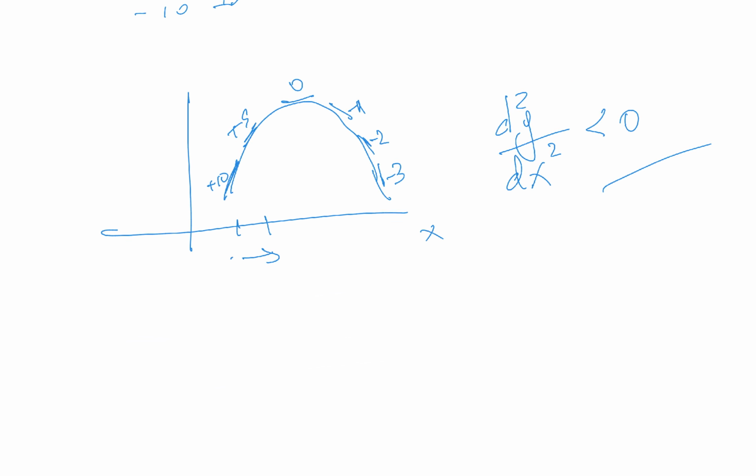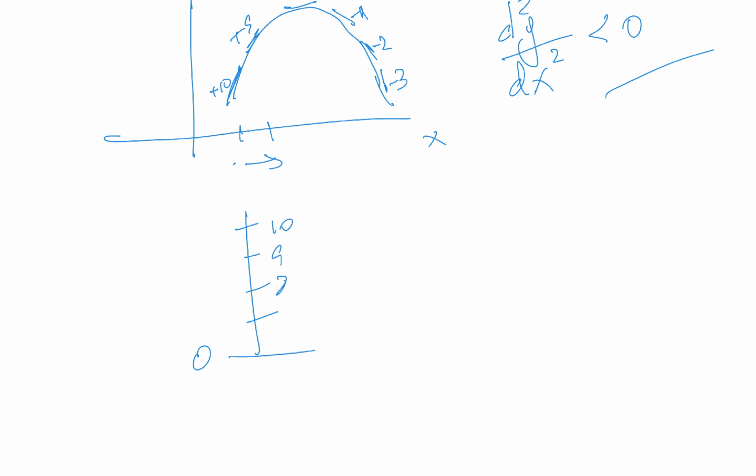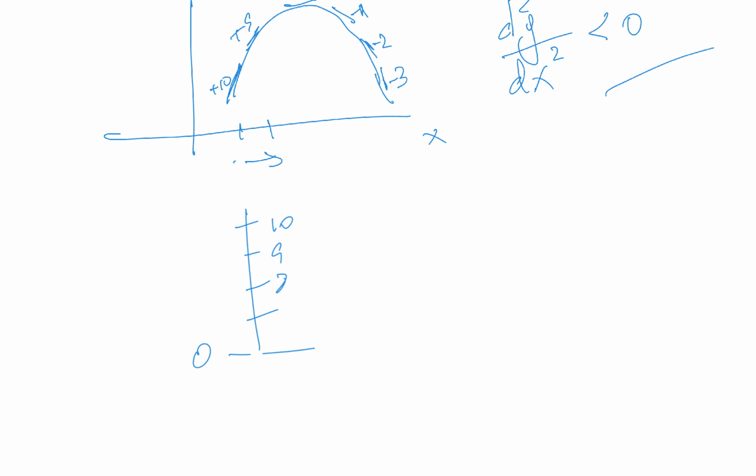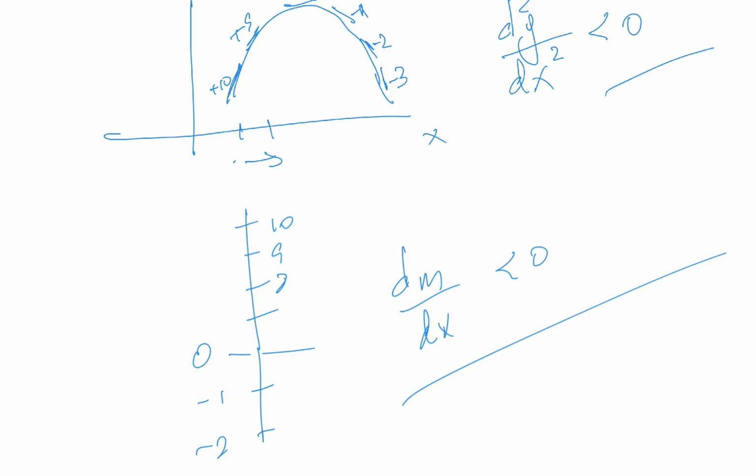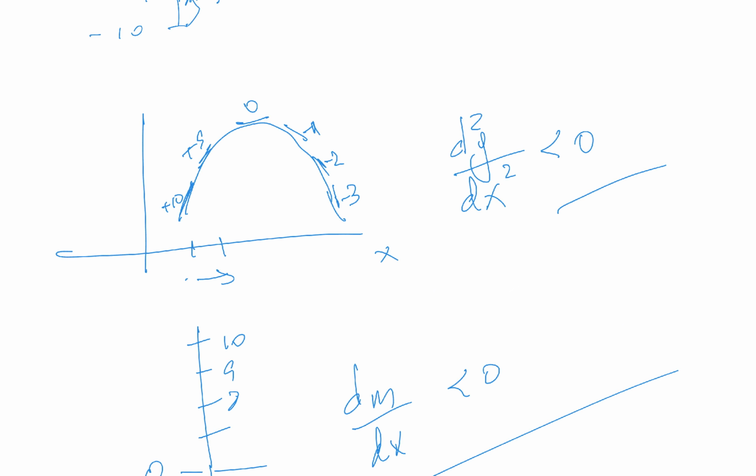So the change in the slope with respect to x is negative, and the second derivative of the function is negative.